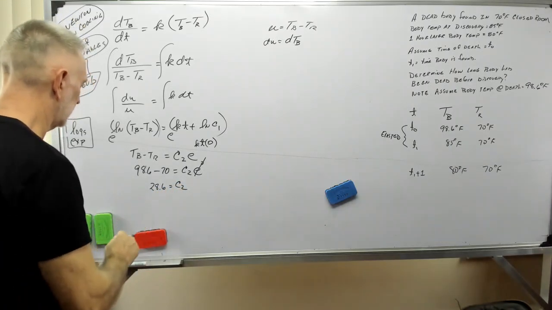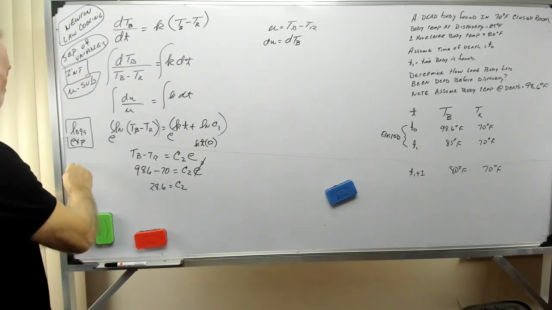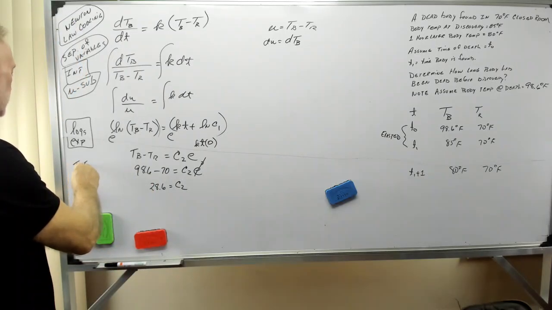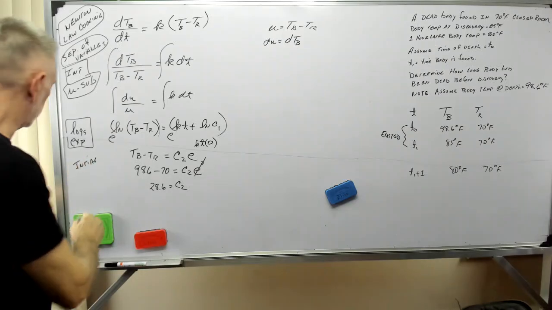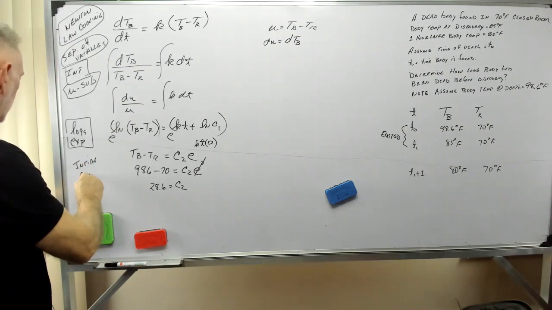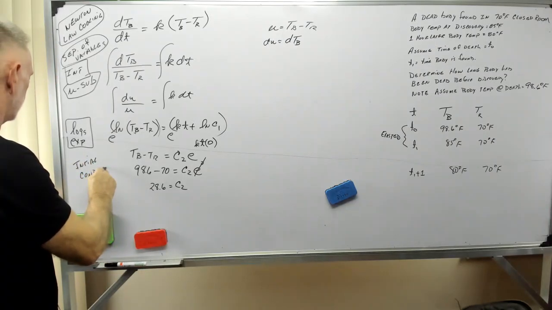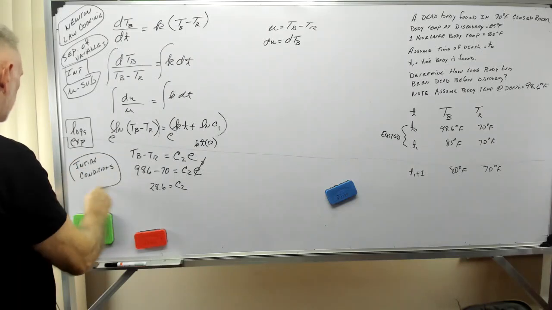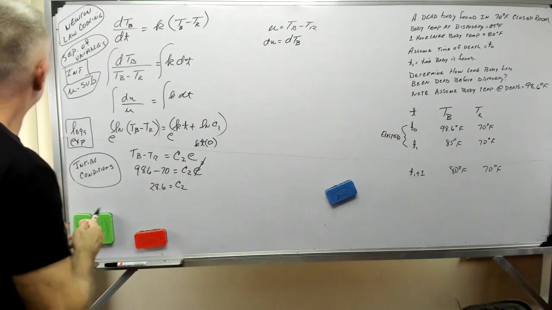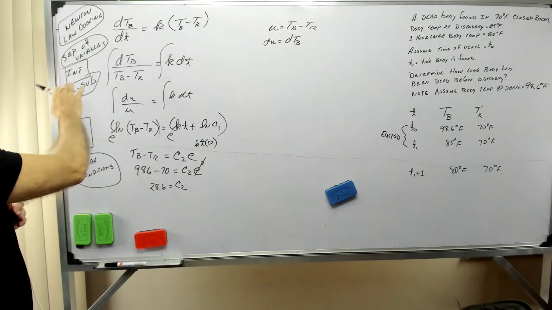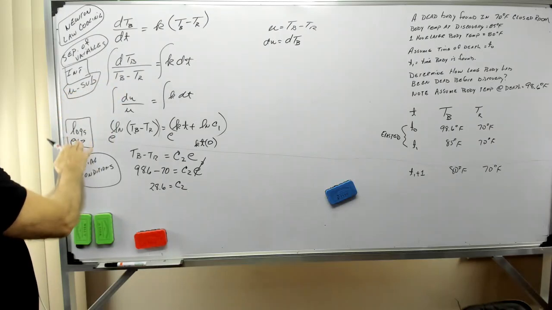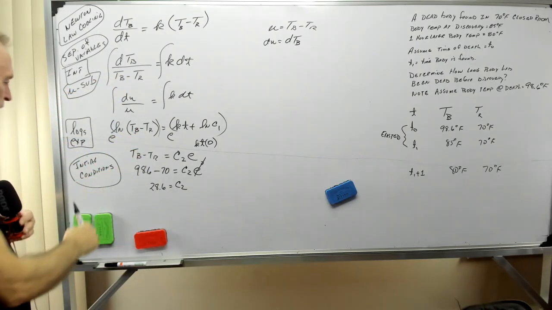That's awesome right there. Now, what was the tool we just used? Initial conditions. Wow, we used Newton's law of cooling, separation of variables, integration using u sub, logs and exponentials, initial conditions.